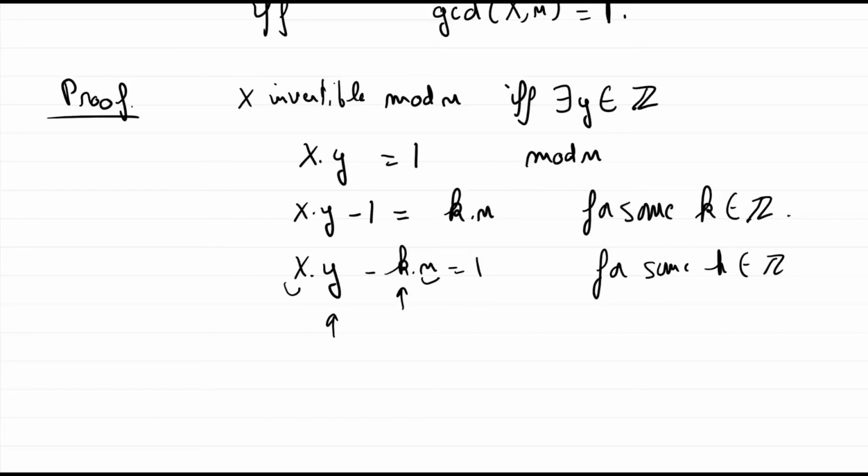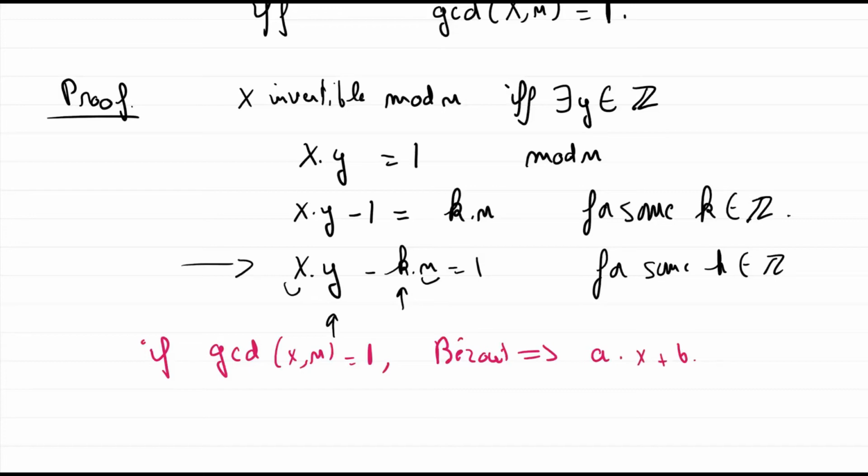Well, I know that if the greatest common divisor of x and n is indeed 1, by the Bezout identity, I can find some a and b such that a times x plus b times n is 1.